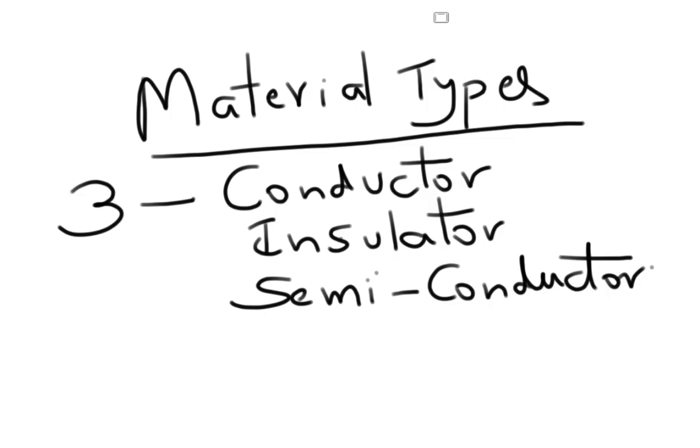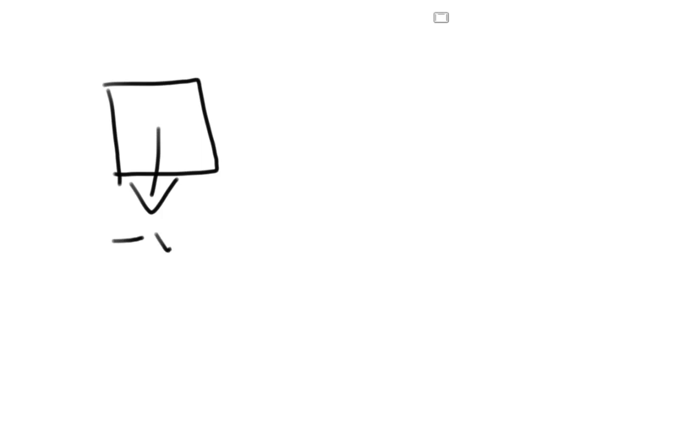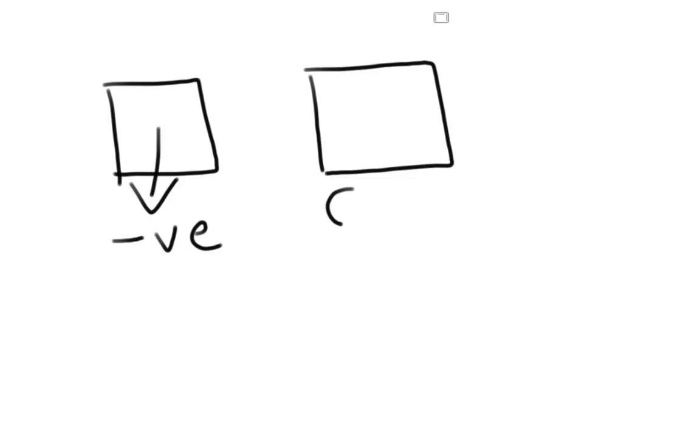How do we know that a particular material is a conductor? Take a charged material. Let us say this has negative charge. Now bring this charged material and touch the conductor material. Let's say this is the conductor material.